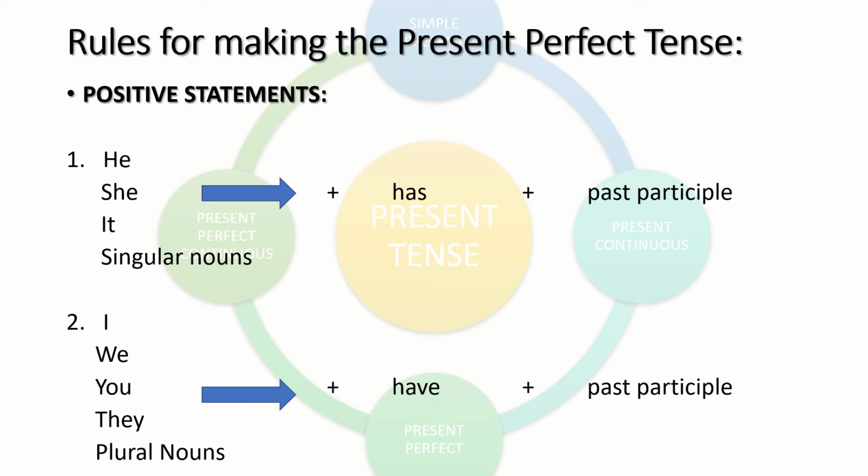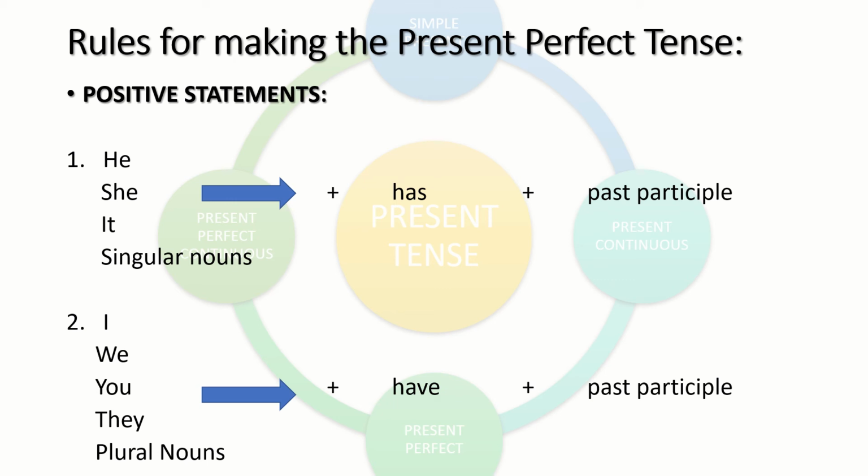So here is your first one, the positive statement. When you have singular nouns like the name of a person, or he, she, or it, to that we add a helping verb, has. And to that we add a verb in the past participle, generally with an ed at the end.